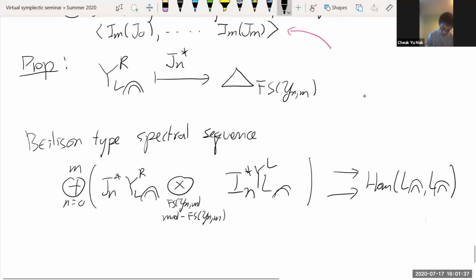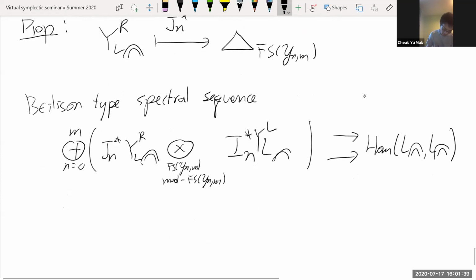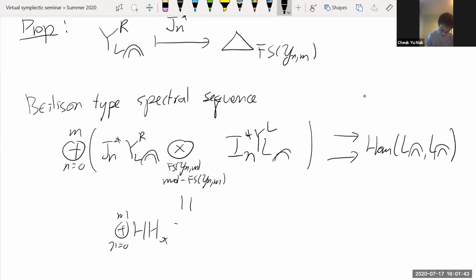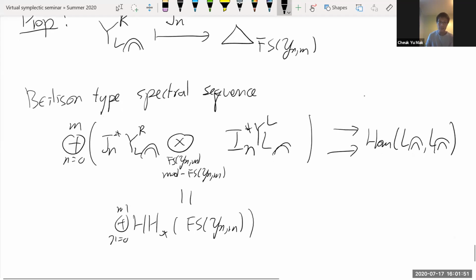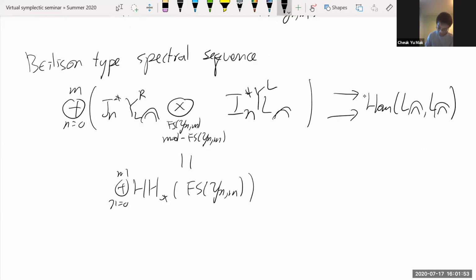And this guy is exactly the Hochschild homology. And for the results in general, you just need to apply the twisting, the braid group action on both of these two factors. Then you will get the corresponding results for general braids.